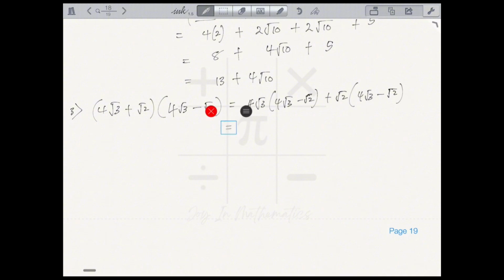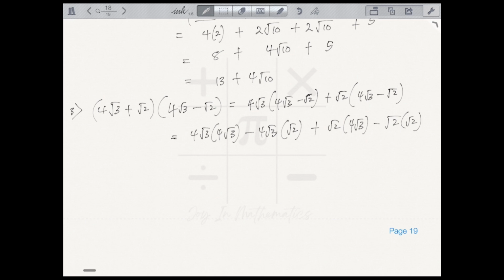So we perform our simplification as we have always done in multiplication of surds in brackets. This will give us 4 root 3 multiplied by 4 root 3, minus 4 root 3 multiplied by root 2, we are considering the negative sign here, plus root 2 multiplied by 4 root 3, and then minus root 2 multiplied by root 2.